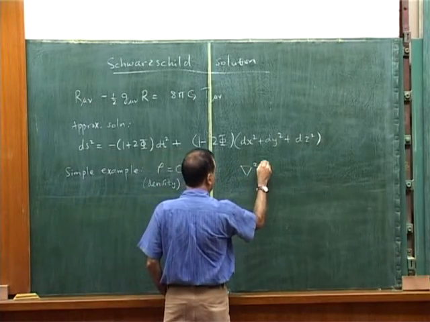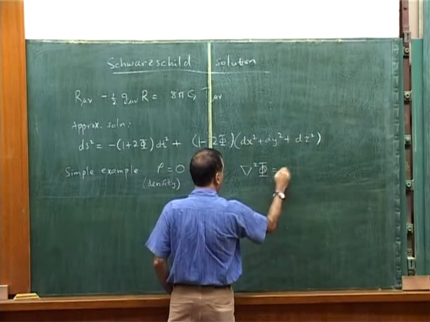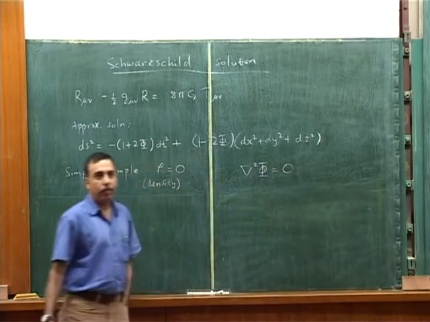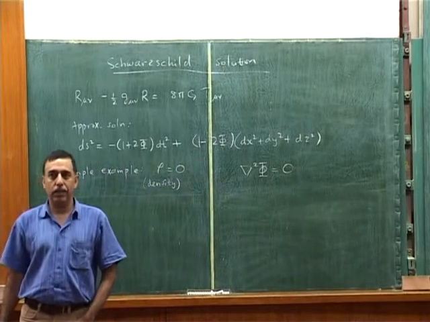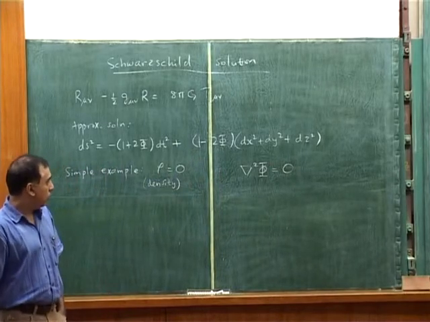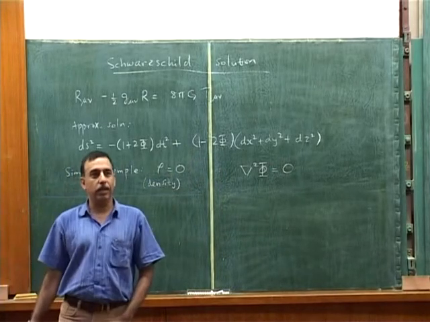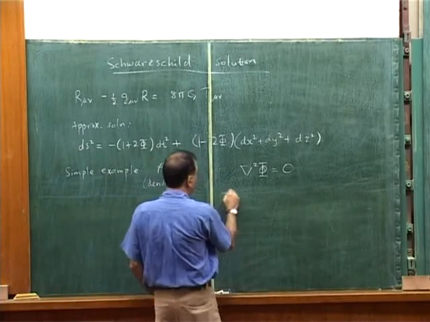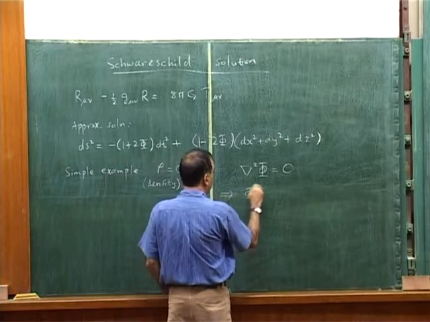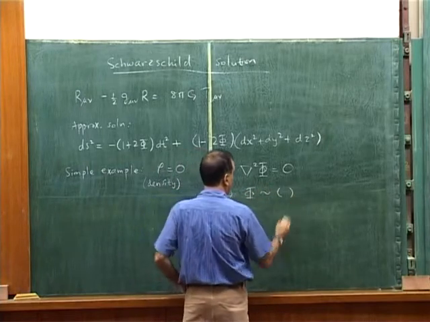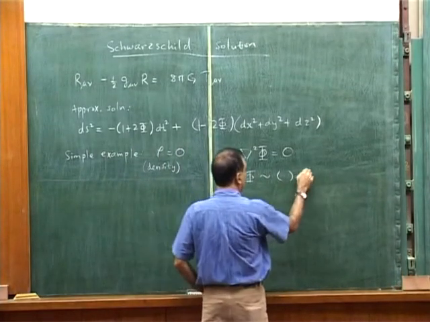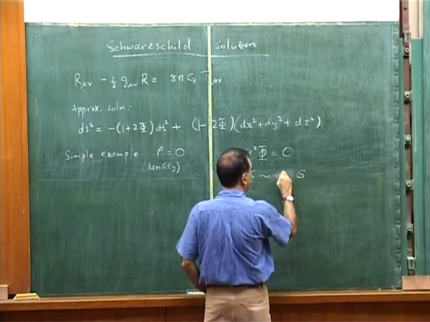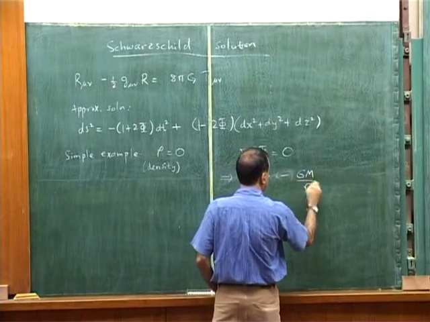Therefore the Newton equation reduces to ∇²φ equals 0. Of course it has the obvious solution that φ is equal to 0. But it has lots more solutions, and in general the solution is φ equal to, with no proportionality constant, minus GM upon r.